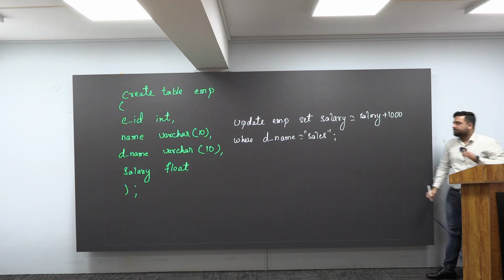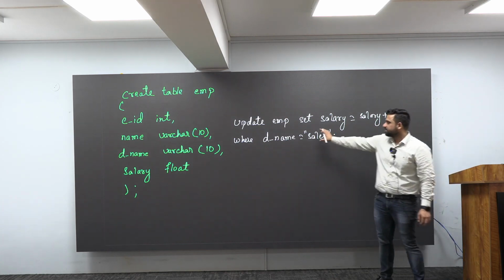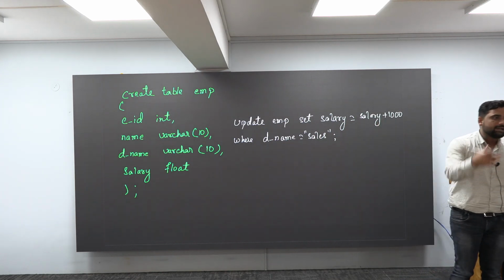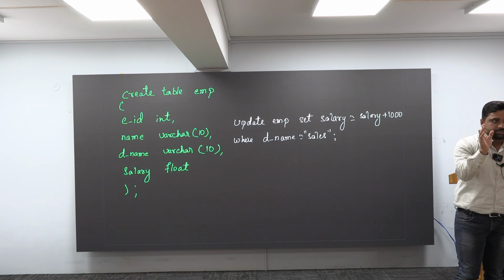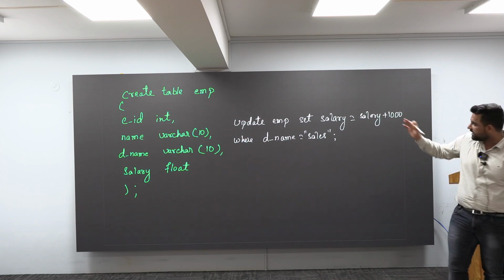Now here I have updated my salary, meaning 1000 rupees for my sales department. Now the same 1000 rupees I want to update for the training department. I have to update for sales and also for the training department. What do we have to write as a query here? Yes, we can put the OR logical operator. So I will put OR department name equals training. This is what we have to write as a query.